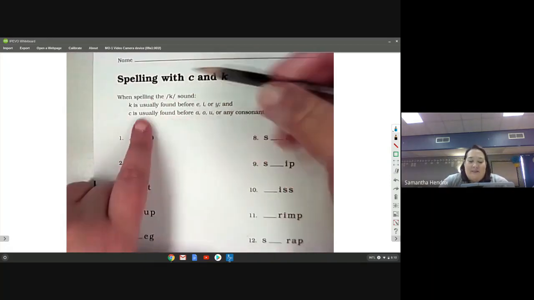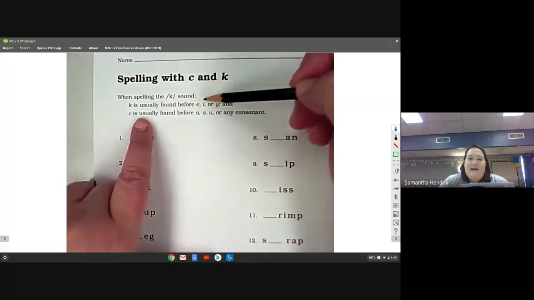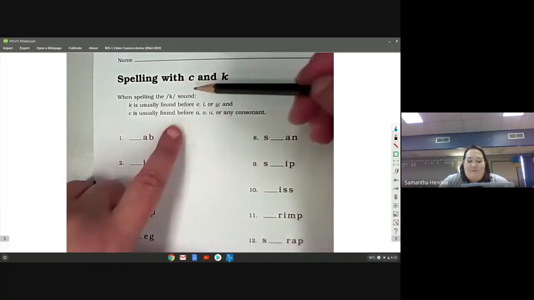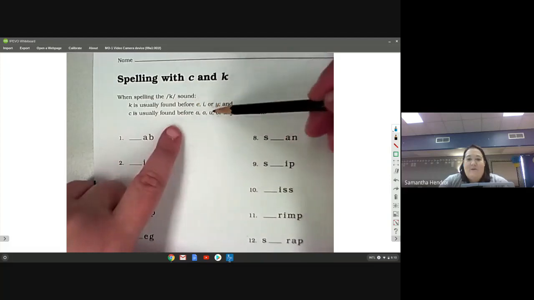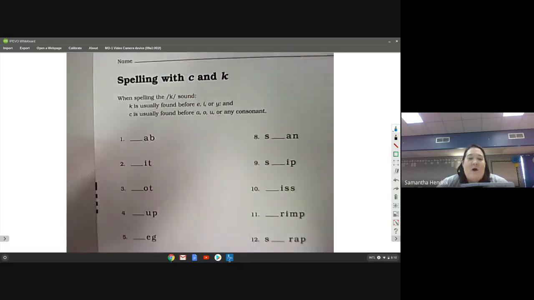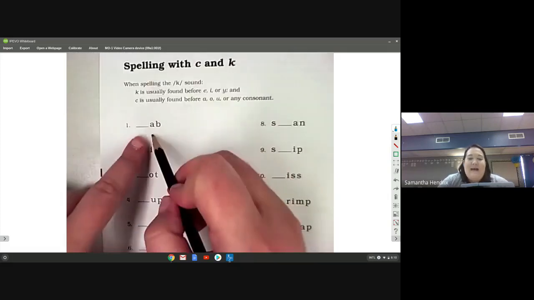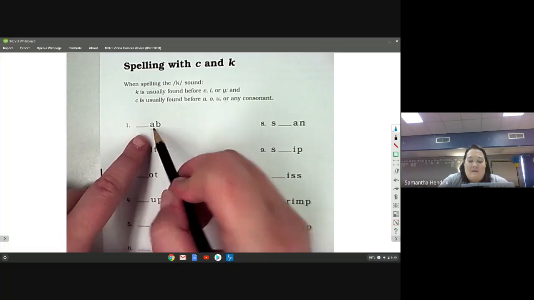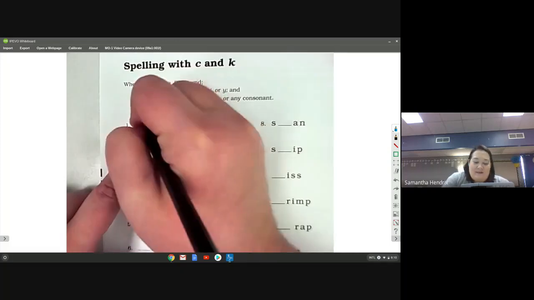K is usually found before E, I, or Y. And C is usually found before A, O, U, or any consonant. Okay, so let's look. All of these are going to be K sound. So number 1 is cab. This is an A, so it's K, ah. So it's going to be a C.